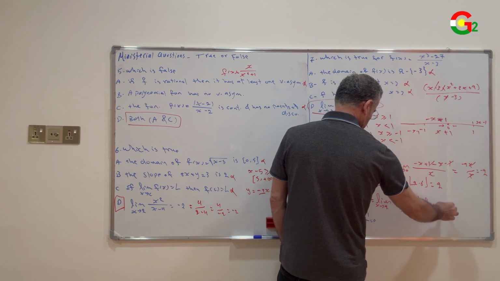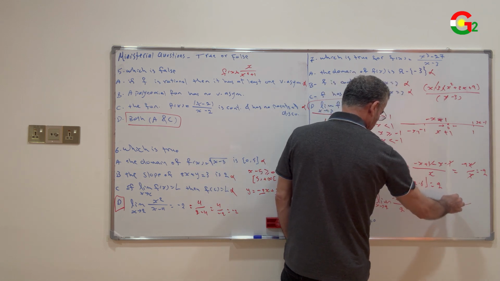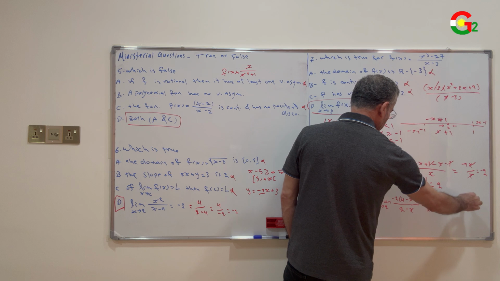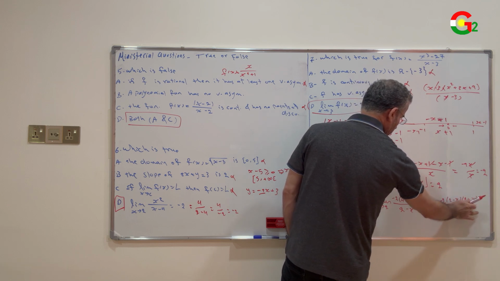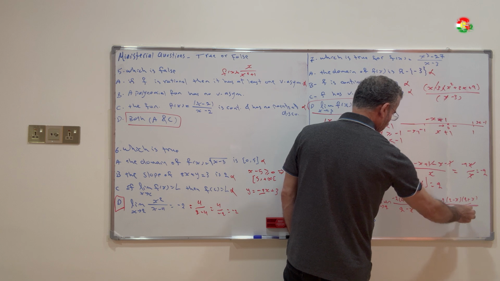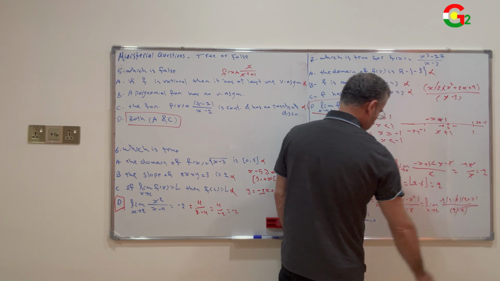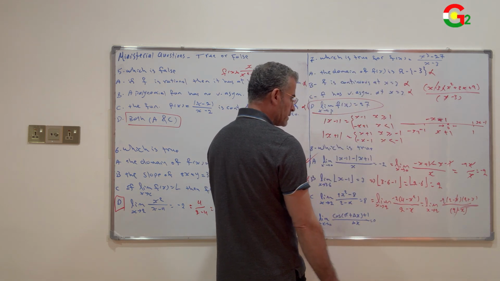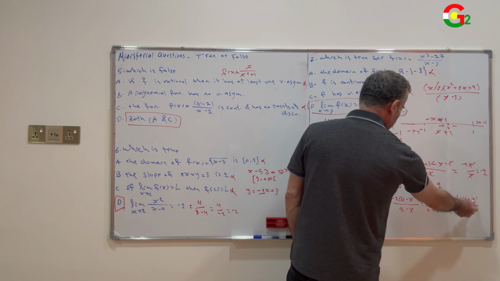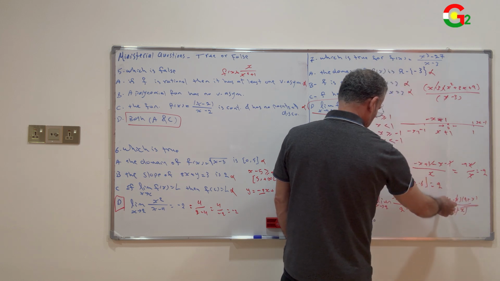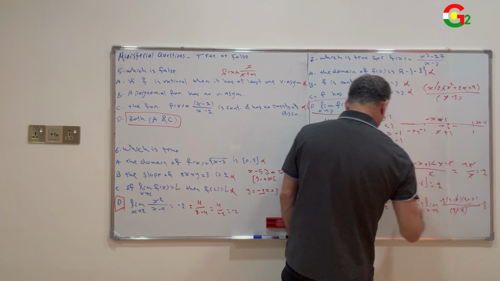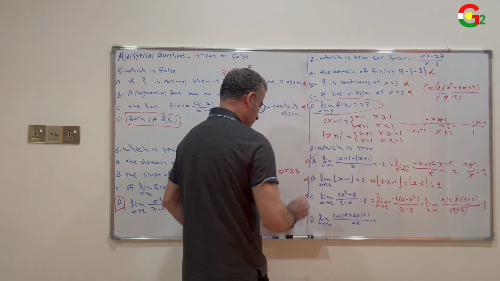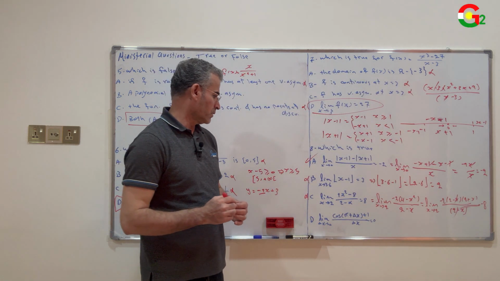Difference of two squares for the numerator, 2 minus x times 2 plus x over 2 minus x. Reduce 2 minus x with 2 minus x. 2 times 2 plus 2, 4, times negative 2, negative 8. It is not 8, so C also is wrong.